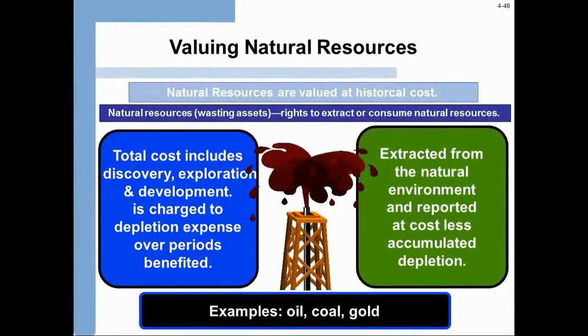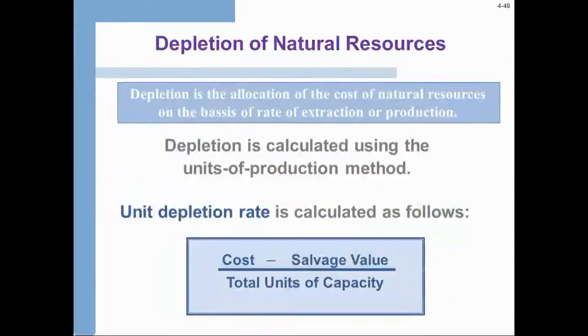Now we will call it depletion rather than depreciation. In valuing natural resources, exactly the same method will be used which we use for the unit of activity method. You can see the formula in front of you: cost minus salvage divided by total number of units capacity. It will give us the depletion rate.